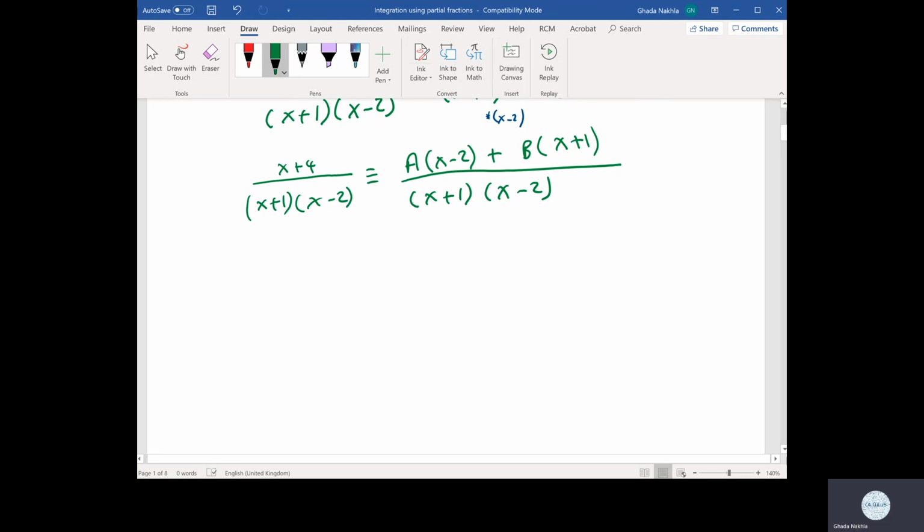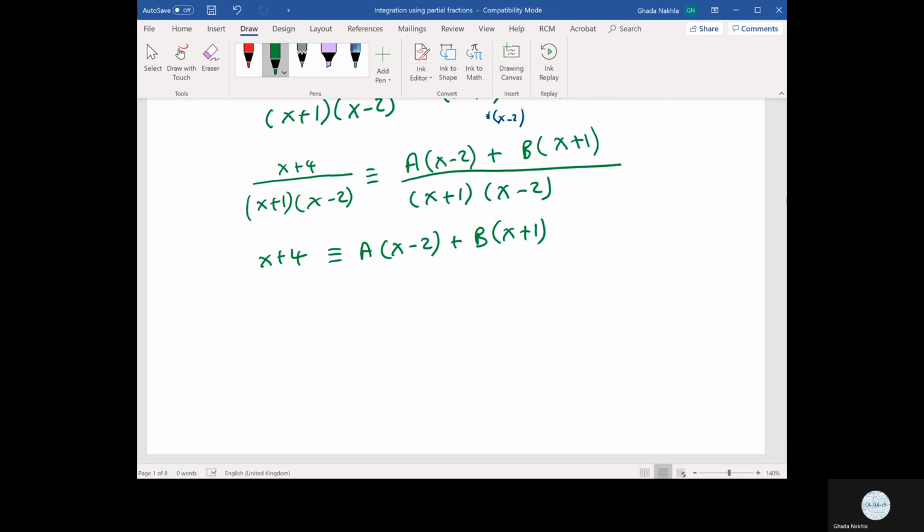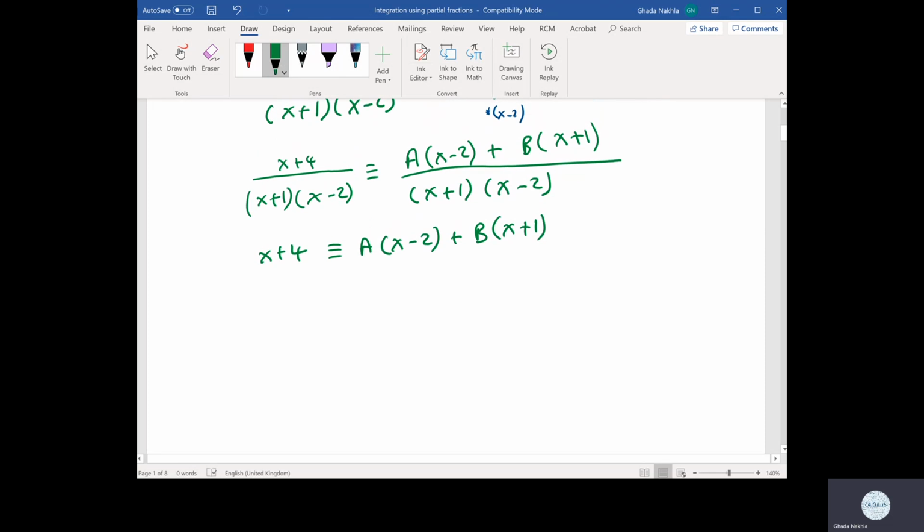This means that x plus 4 is equivalent to a(x minus 2) plus b(x plus 1), because we have the same denominator, so the numerators must be equal. The next part, I start to think of what makes one of those brackets equal to 0.